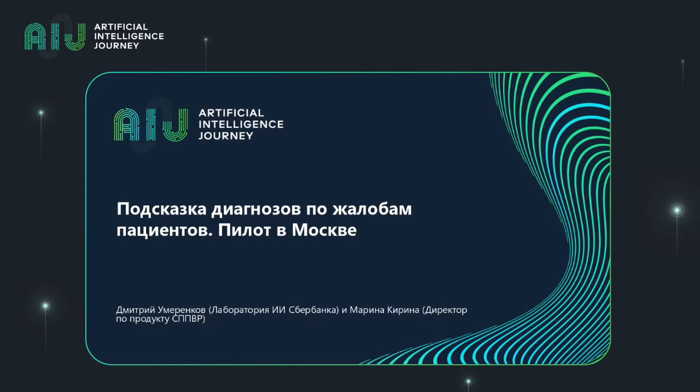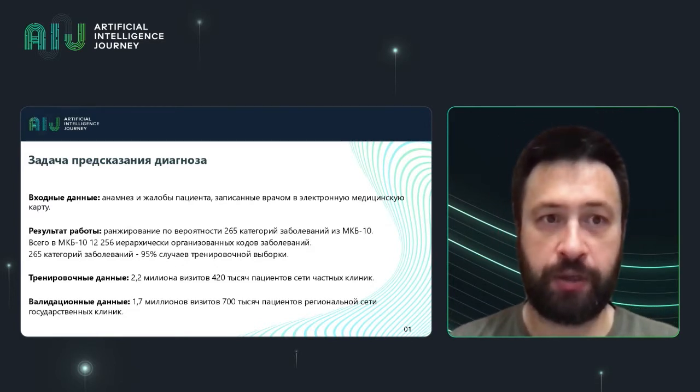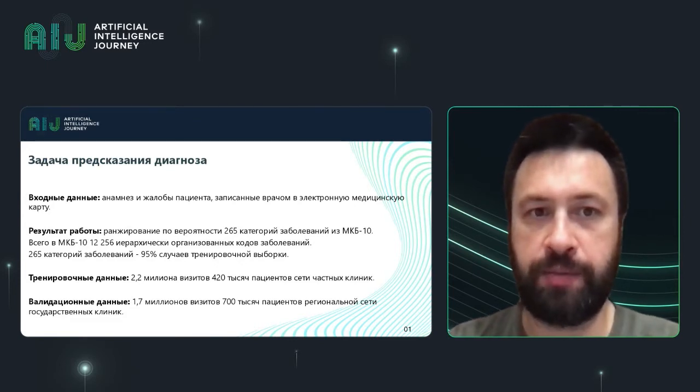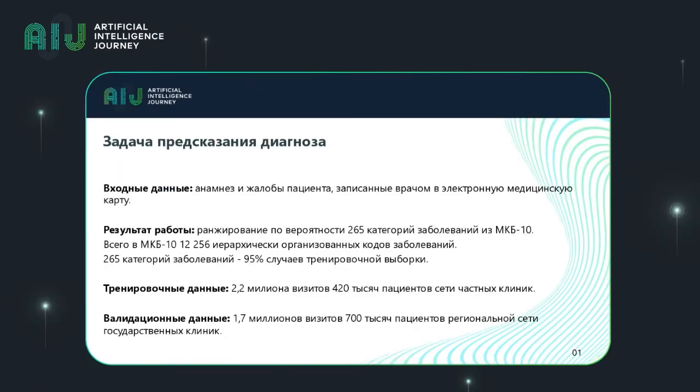After we got a task to predict the diagnosis, we've run the scientific work needed to ensure this is done and trained based on the electronic medical record with all the typos and abbreviations.